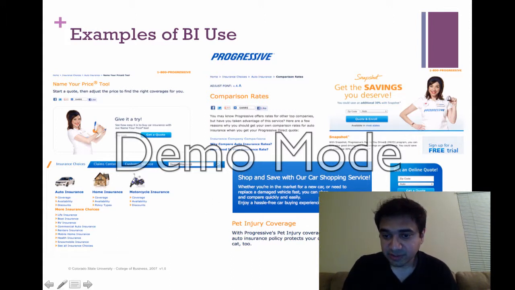If you look at some of the other cool features, what Progressive has come up with is shop and save with our car shopping service. So this is surprising. Progressive is not in the car selling industry. It doesn't sell cars. However, because of the good amount of data it has aggregated, it has tied up with other car selling vendors.